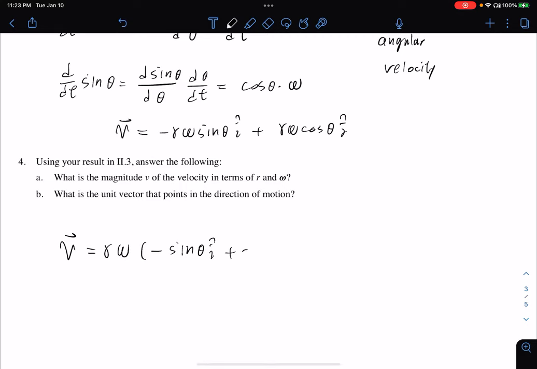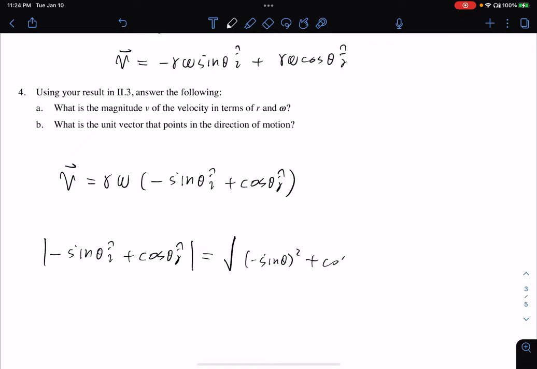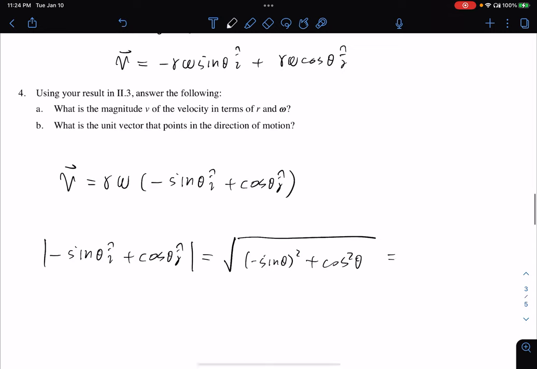We can see that the magnitude of this vector, the part in the parentheses, will be the square root of the i component squared plus the j component squared. But this is just sine squared plus cosine squared, which equals 1.